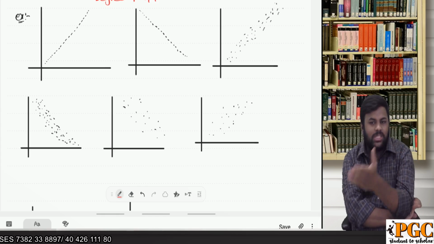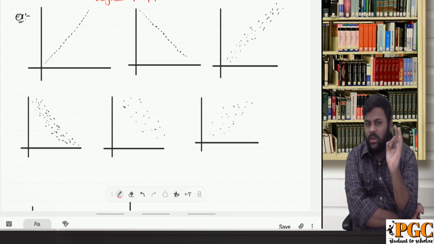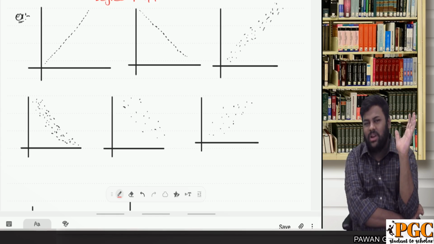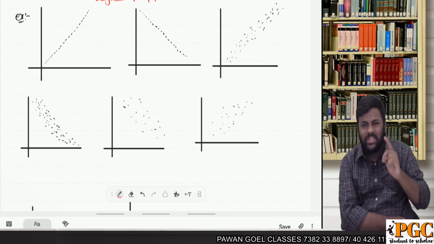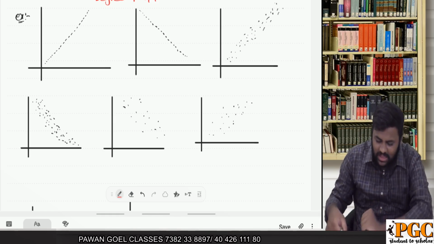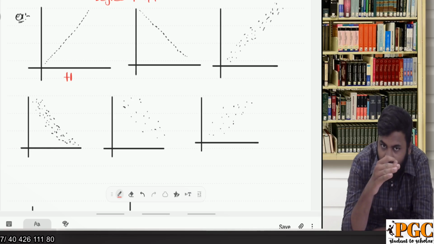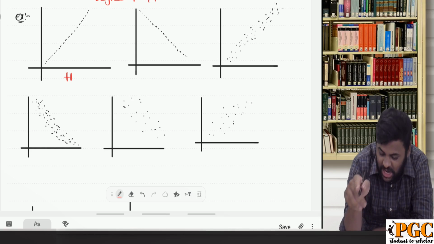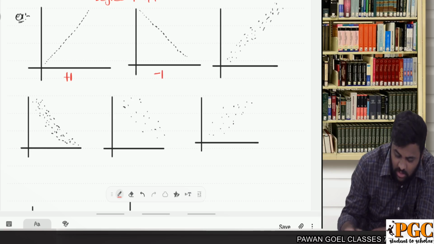If it is moving downwards, always and always, the slope will be negative, so negative correlation. If they are moving upwards in an exact straight line, we have perfect positive correlation. If they are moving downwards in a straight line, we have perfect negative correlation.